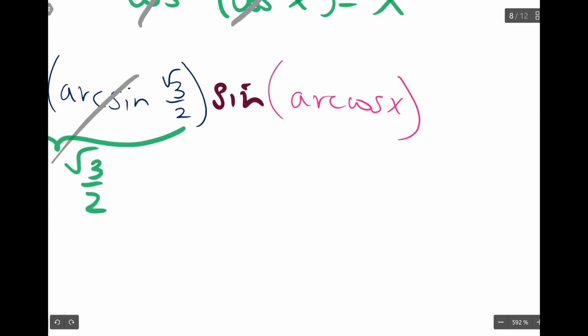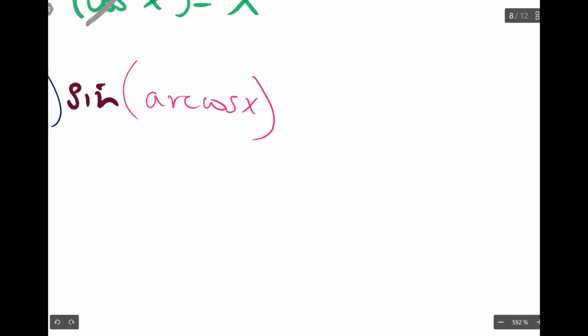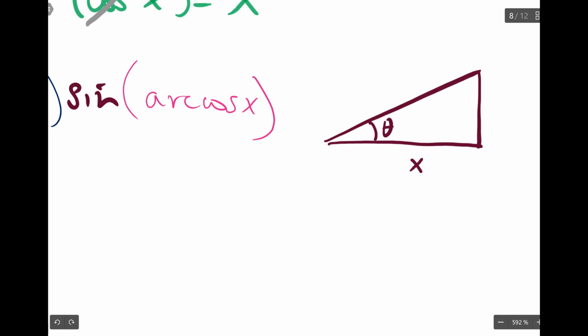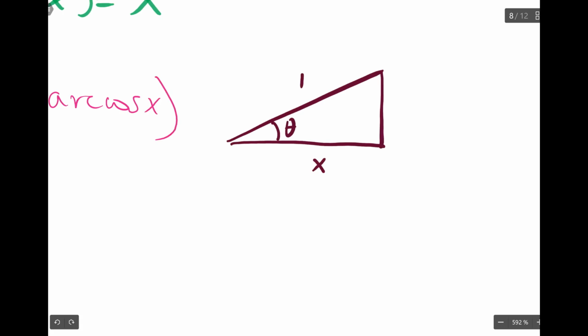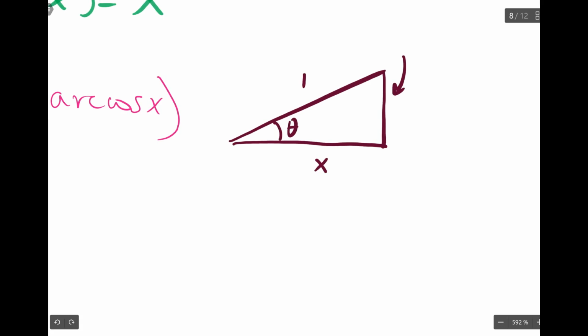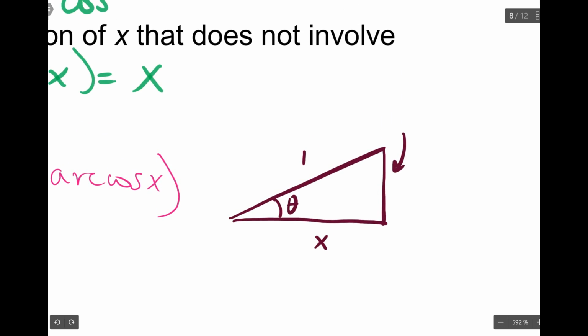My other side: sine of arc cosine x. So I need to draw a triangle. Here's theta. Cosine is adjacent x over hypotenuse 1. To figure out the length of this side, I can do a squared plus b squared equals c squared, the Pythagorean identity. So x squared plus b squared equals 1 squared.